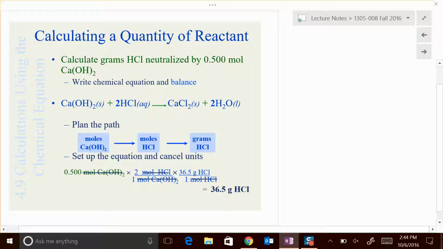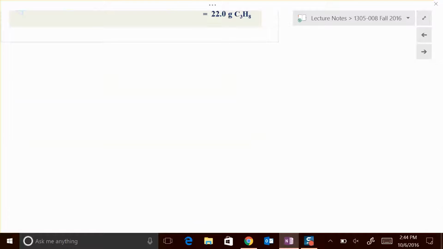Okay, so before we get into this one, I actually want to draw another one. Let's just take an example from our balancing equation sheet. I like number 9.